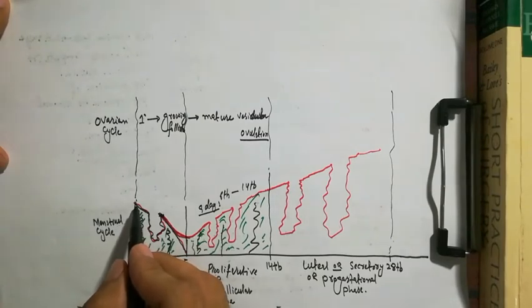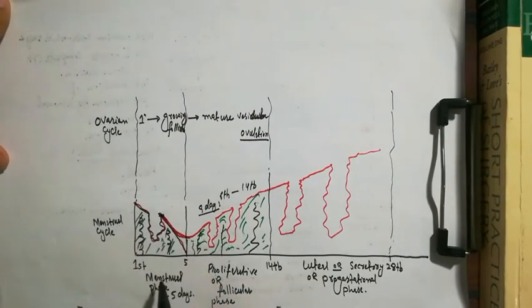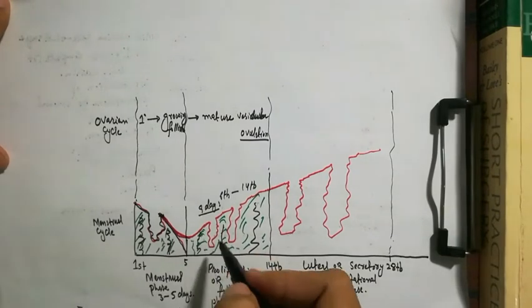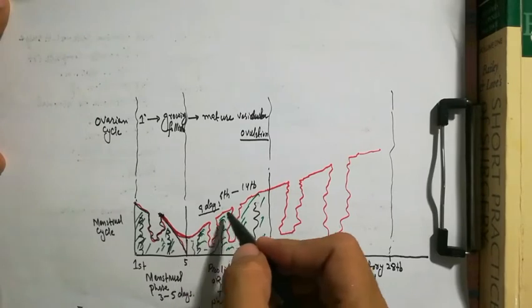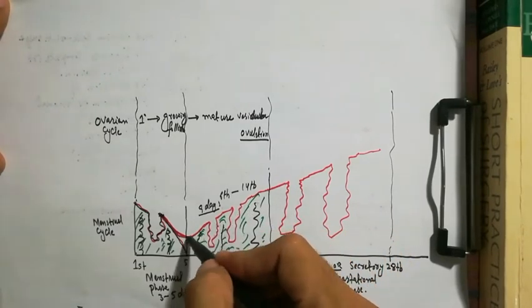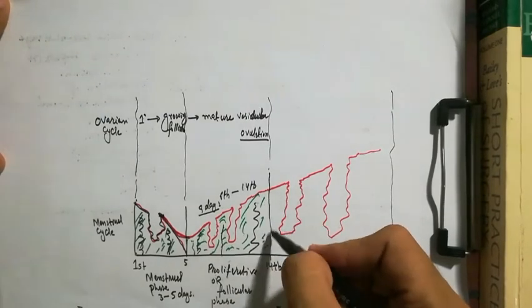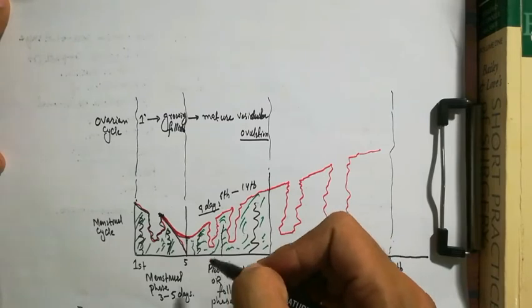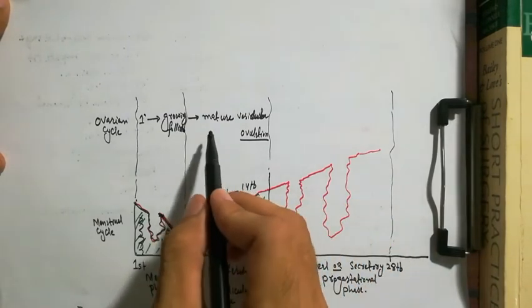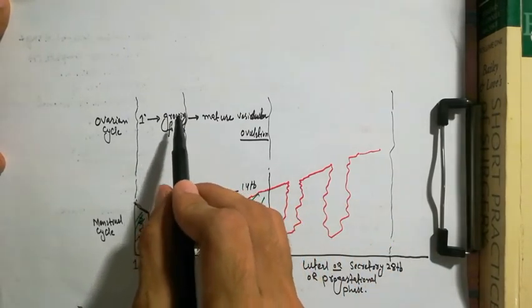Thickness of endometrial tissue is decreased in menstruation phase because of shedding, and after menstruation, during the proliferative or follicular phase, the thickness is increased. This is thickness at this time, and at this time this is thickness, means thickness is increased during proliferative phase under the influence of estrogen, which is secreted from ovarian follicles.